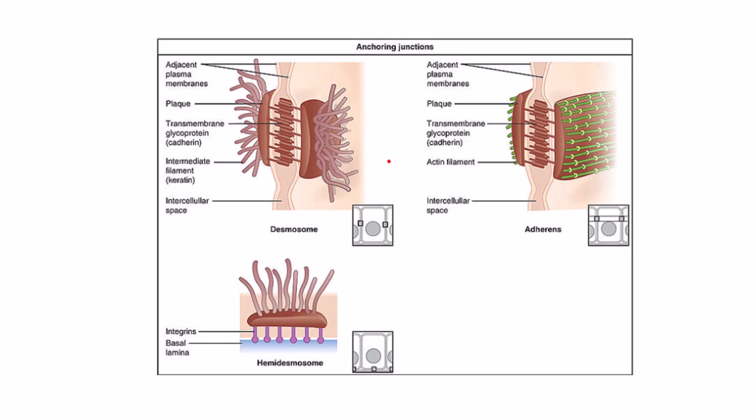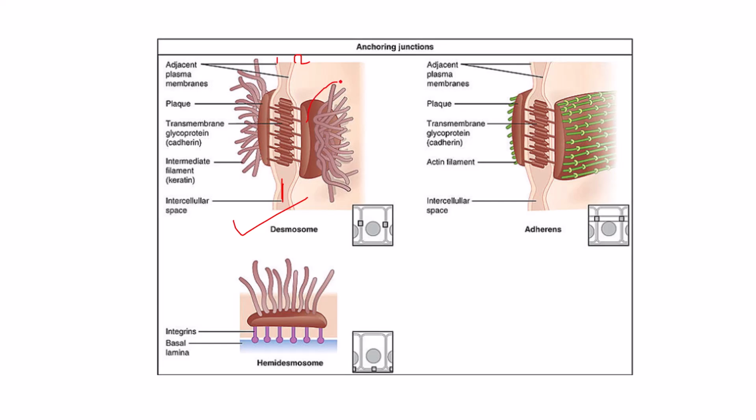So here is the difference between the structures of all three anchoring junctions. This is the desmosome. They have intermediate filaments and the transmembrane glycoprotein cadherin. They form a plaque-like structure. This is the intercellular space between the two plasma membranes of different cells, cell 1 and cell 2. This is the adherens junction.